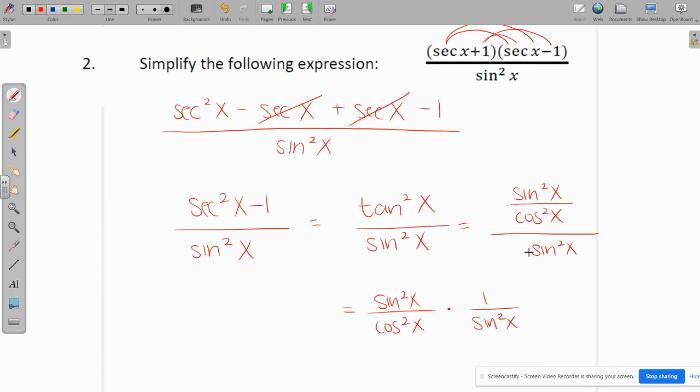Dividing by 4 is the same thing as multiplying by 1/4. So dividing by sine squared is the same thing as multiplying by 1 over sine squared. So sine squared over sine squared is 1, which means we would get 1 over cosine squared. And finally, we could say that that is equal to secant squared. Many of these simplified problems are going to simplify down to a single trig function or sometimes just a number.